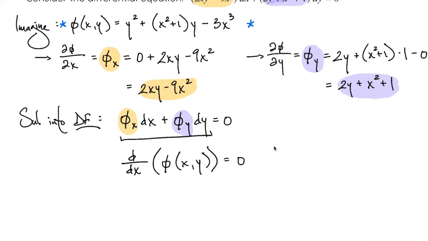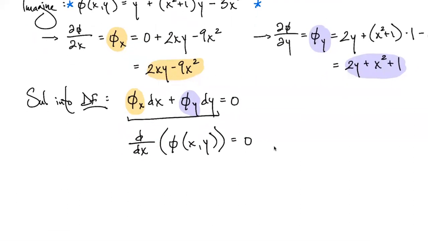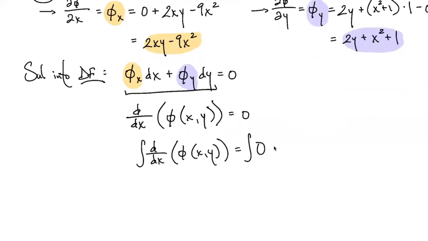Now, once we have that derivative of a function, how do we get rid of the derivative? Well, we're just going to integrate, just like we did with the linear. And so if we integrate the derivative of phi of xy, we have to integrate the other side as well. Okay. And now when we integrate, we end up with phi of xy equals a constant.